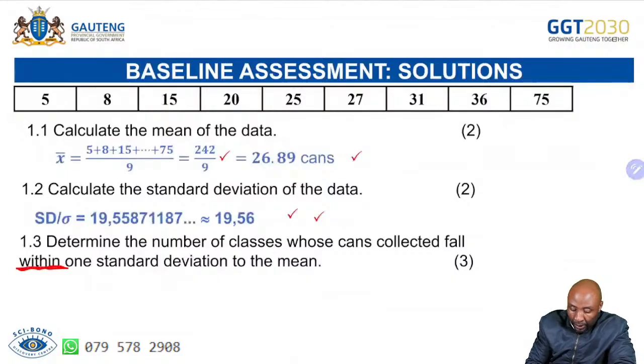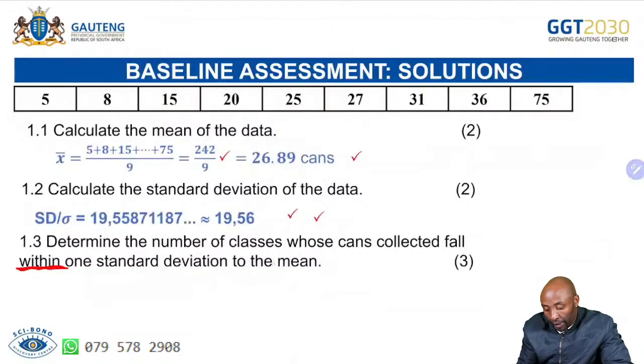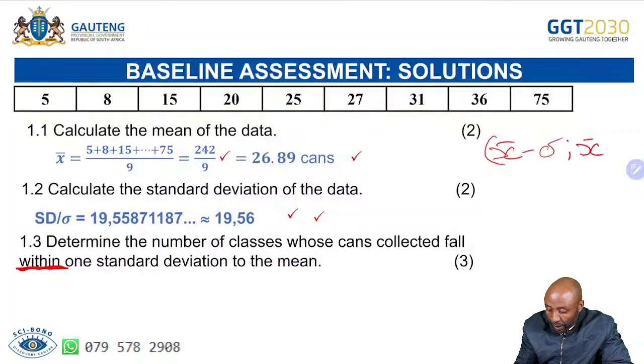Now, falls within 1 standard deviation to the mean. Remember our formula, we know that it is x bar minus 1 standard deviation, to x bar plus 1 standard deviation.